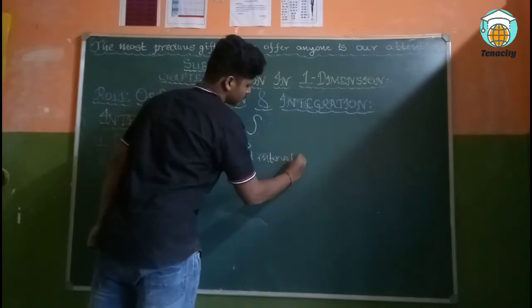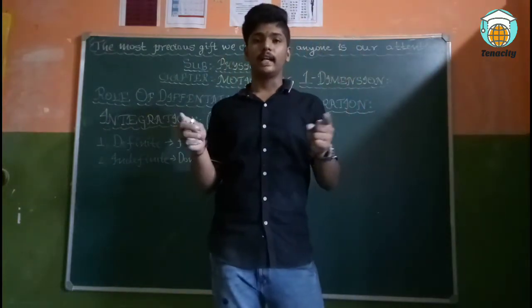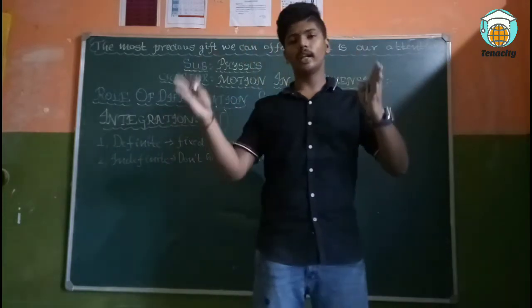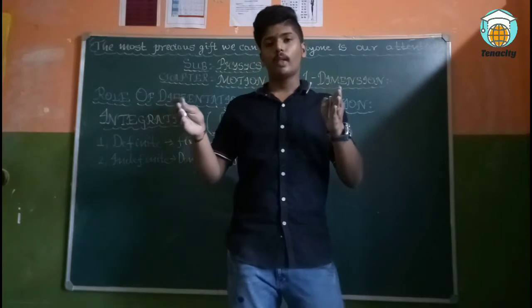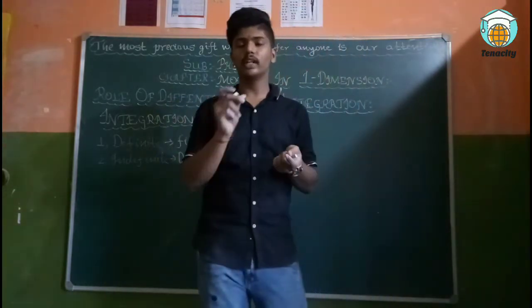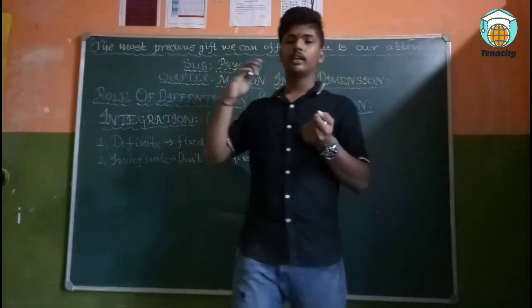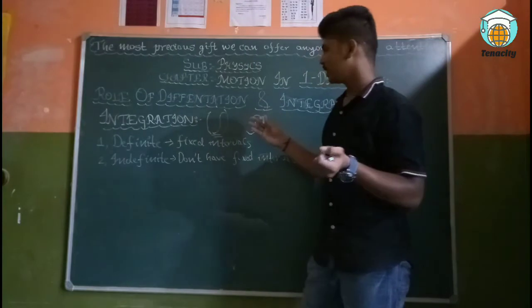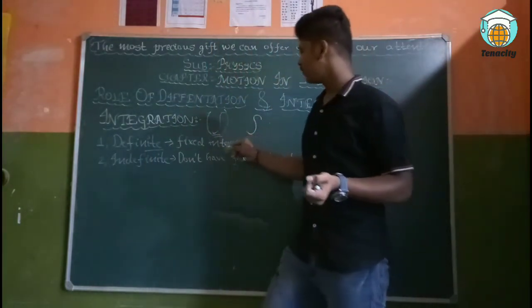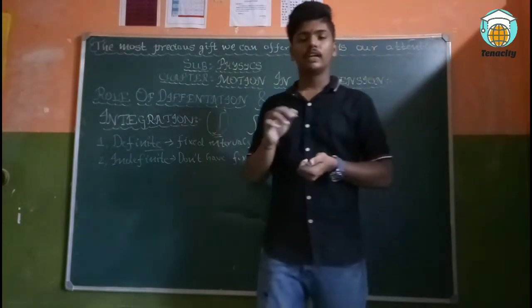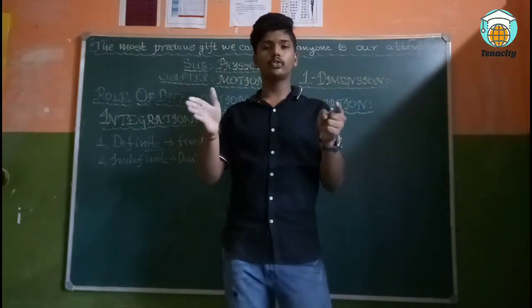That means when you are doing addition from number 1 to 10, it has intervals between 1 and 10. You will do addition of those numbers 1 to 10. But when they say do the addition of all the natural numbers, it will start from 1 and it will not end. Integration is also like that. When definite integration is given, it will contain fixed intervals, that is, they will give up to which interval you have to integrate.